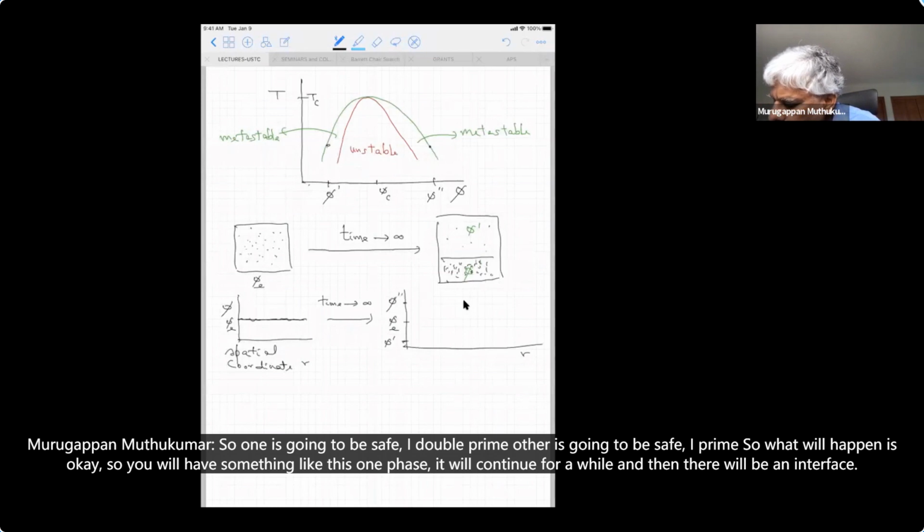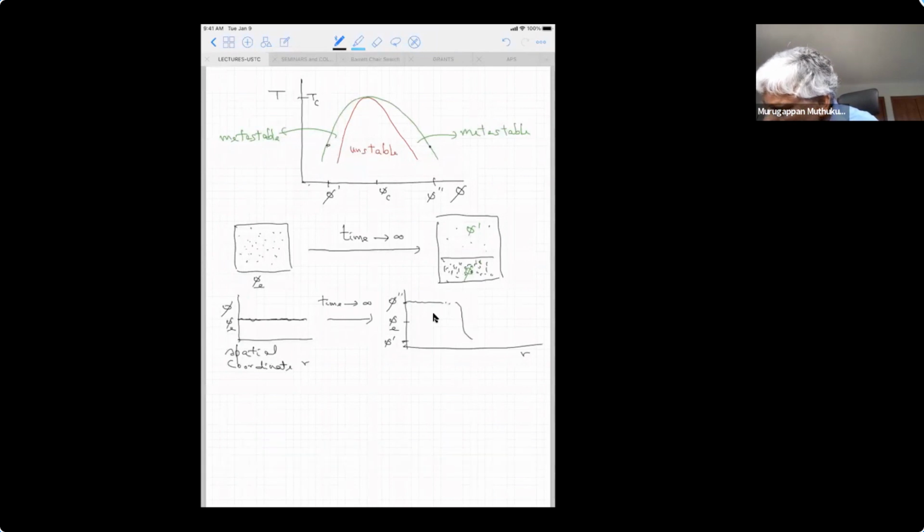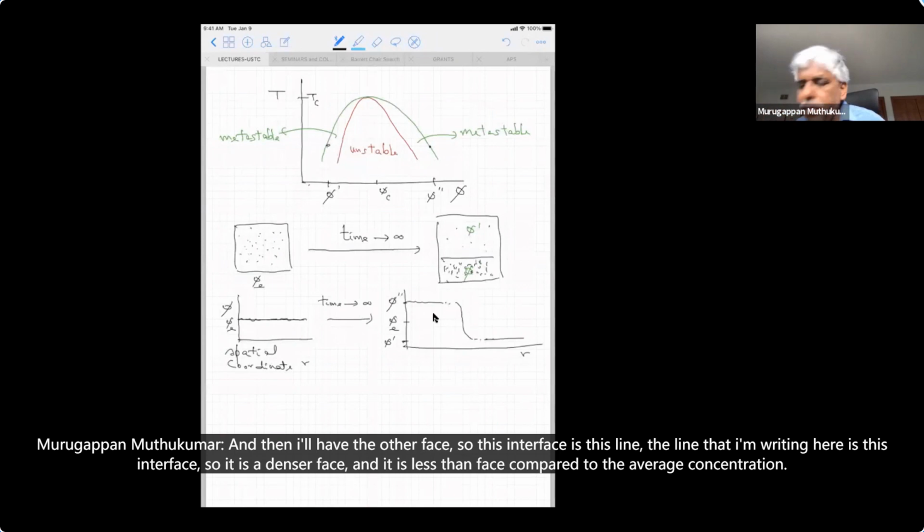So what will happen is, okay, so you'll have something like this, one phase, it will continue for a while, and then there will be an interface, and then I'll have the other phase. So this interface is this line. The line that I'm writing here is this interface.